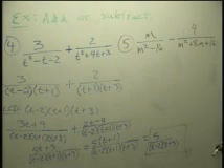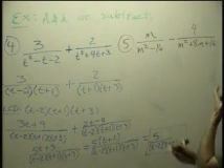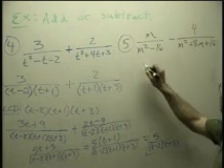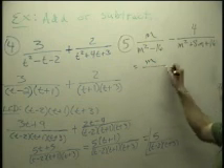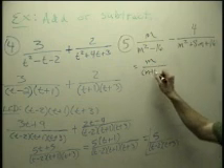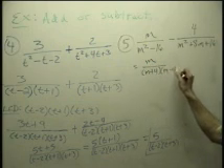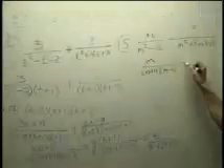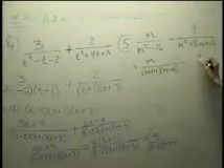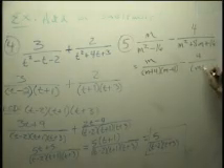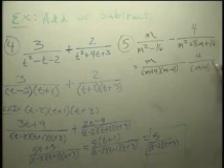This one is a similar story. When we factor the denominators, we have m plus 4 times m minus 4. And for this denominator, I have m plus 4 times m plus 4, or m plus 4 squared.